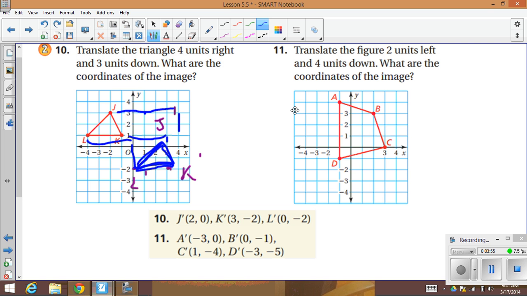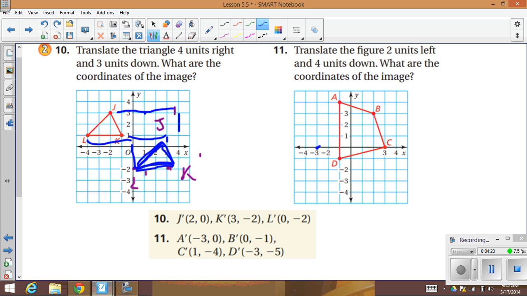For number 11, we're going to translate the figure 2 to the left and 4 down. So that means every point's going to go 1, 2 left, and then 4 down, 1, 2, 3, 4. All right, it's kind of hard for me to see what I'm doing. So A prime is going to be at -3, 0 right here. So B, we're going to go left 2, 1, 2, and then we're going to come down 4.